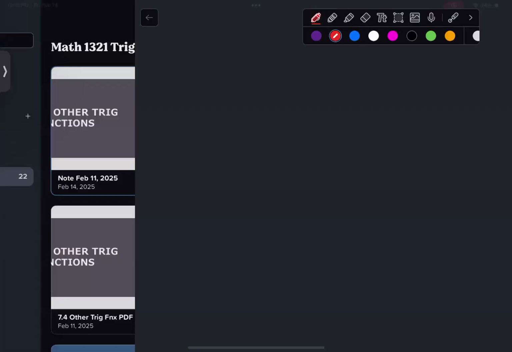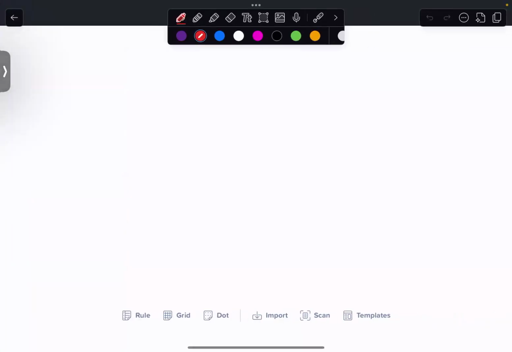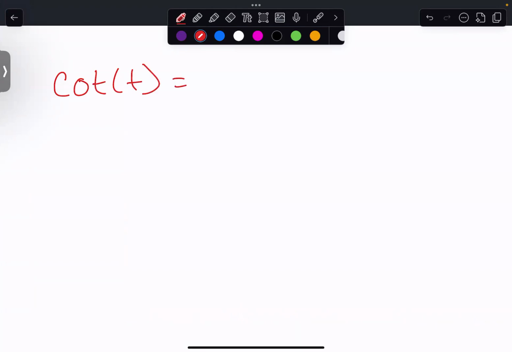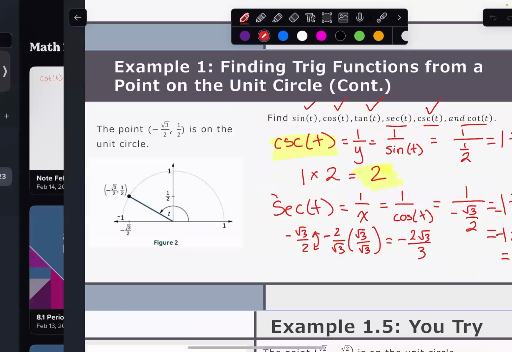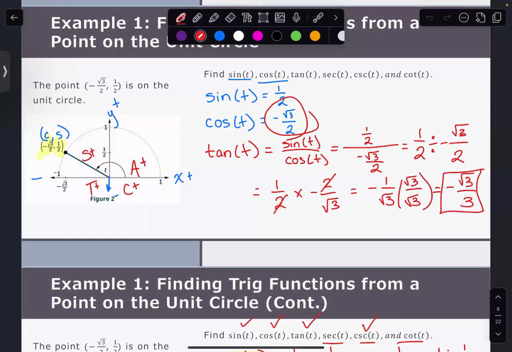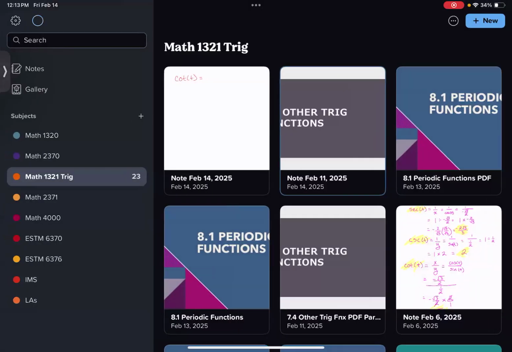I'm going to finish cotangent on one sheet of paper here. So cotangent of that angle. Well, let's go back and find out what we said tangent was. So a second ago, when we found tangent, we said it was negative square root of 3 over 3.